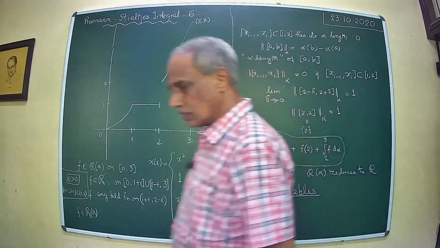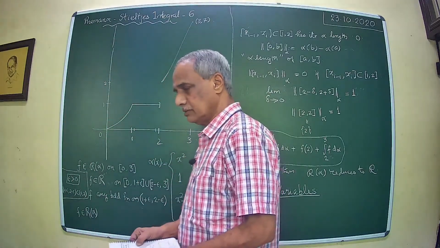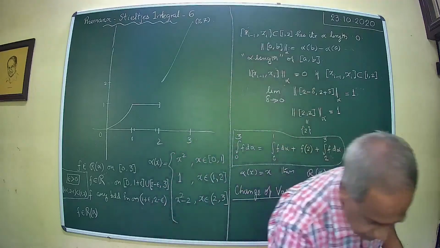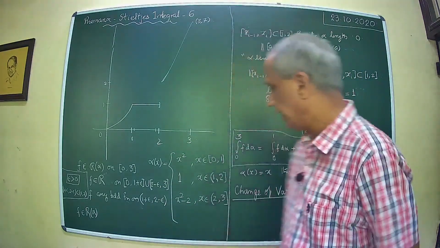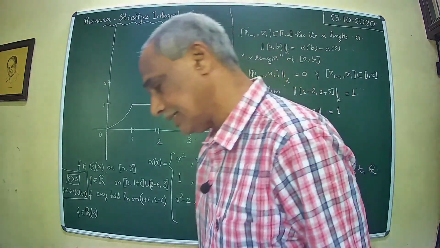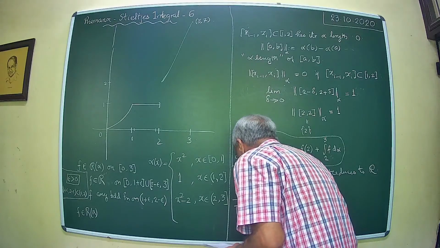Okay, let's look at this part. So we have a very nice theorem which justifies the change, and under what circumstances it does justify. So we look at the theorem.